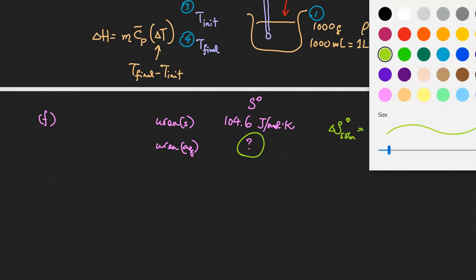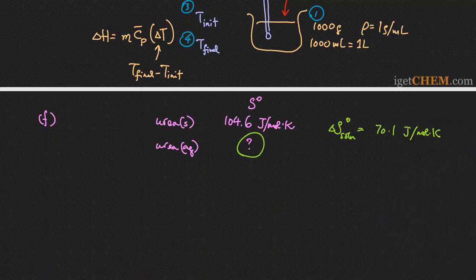So to calculate delta S for reaction is fairly simple, because delta S equals the sum of the entropy of all the products, and subtracted from that the sum of all the entropies of all the reactants.